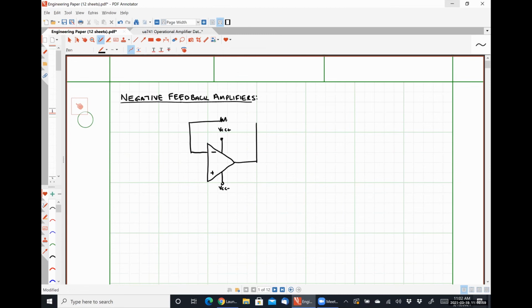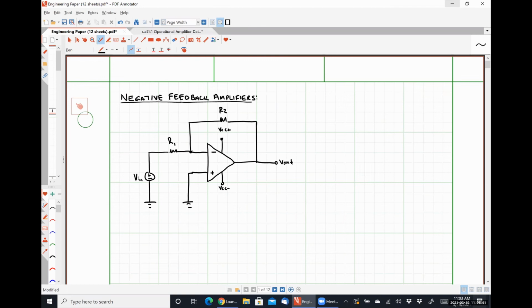Where I'm going to have a resistor R2 placed in the feedback position between my output terminal and my inverting input terminal. I am also going to have a resistor R1, which I am going to apply between my inverting input terminal and my actual input signal, which I'm going to call Vin. And I am going to ground my non-inverting input terminal, like so.